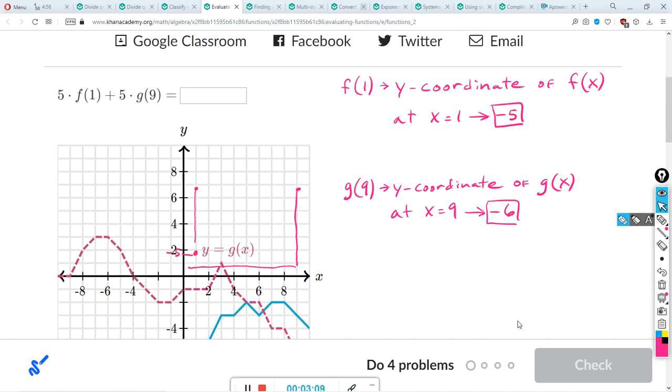Alright, just go to the equation now. And they're saying 5 times f of 1. So it's going to be 5 times f of 1, which we said was negative 5, plus 5 times g of 9. We said g of 9 was negative 6.